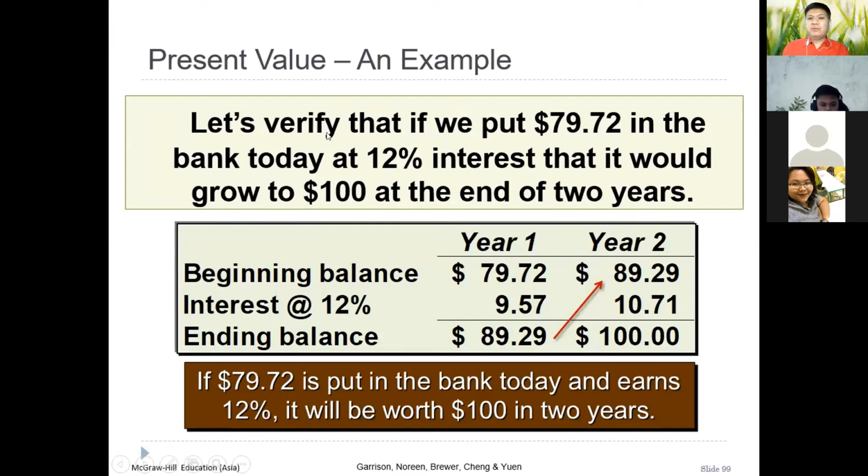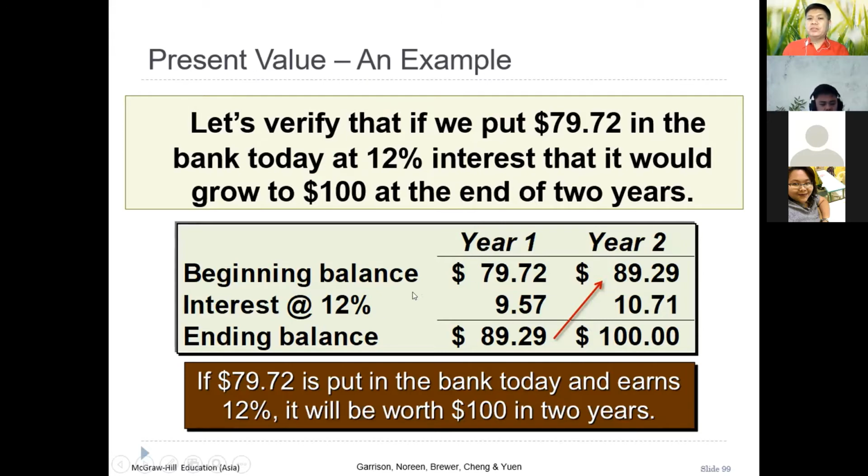So let's verify that if we put 79.72 in the bank today with a 12% interest, of course that is impossible because banks don't give 12% interest, that it would grow to 100 at the end of 2 years.